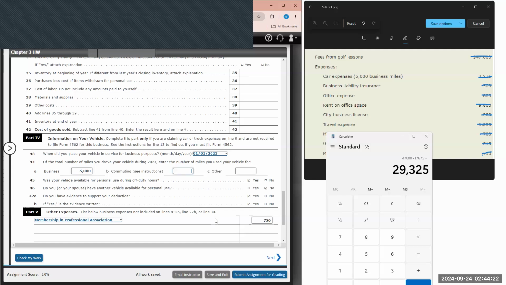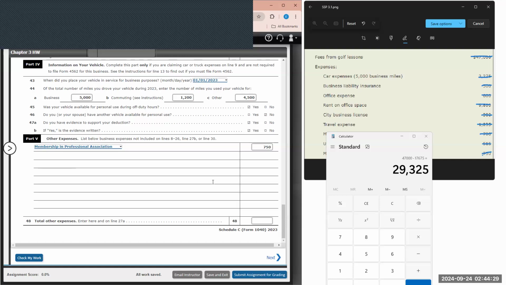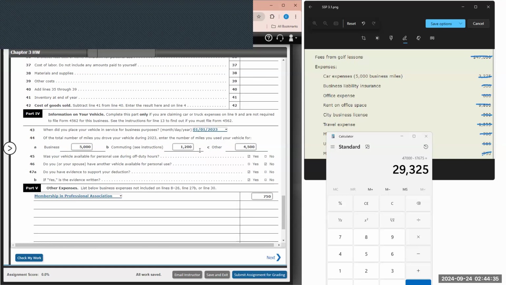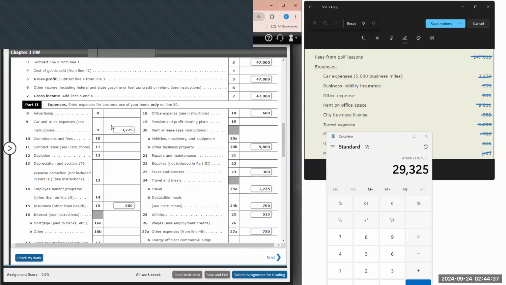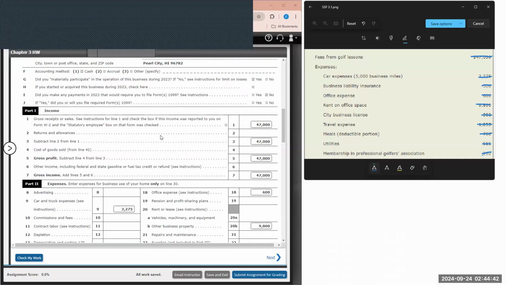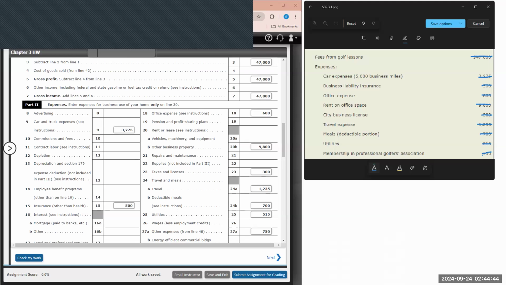The commuting miles were 1,200. And the other miles were 4,500. All right. So again, you input this information into the tax software, and then this information will transfer over. All right, so this was, again, just a quick example of how these amounts are calculated.